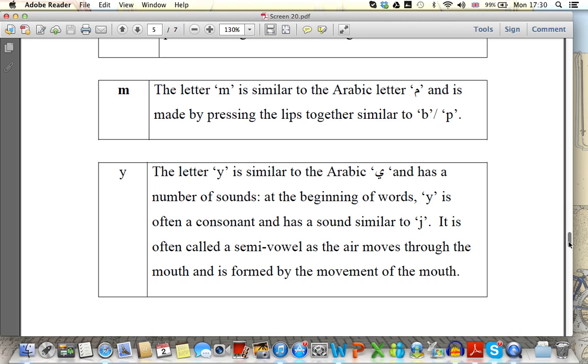It has different sounds depending on where we find it. So for example, when we have quickly, the Y at the end sounds like a long E. We have my, M-Y, where it sounds like I. And then we have Y at the beginning of words like yes and yet, where it sounds almost like a ya.